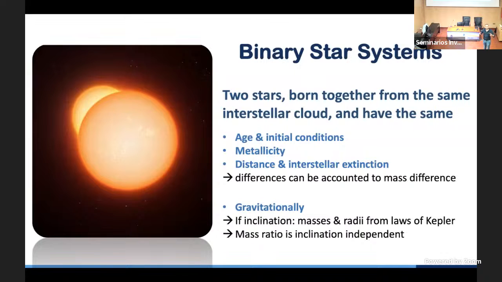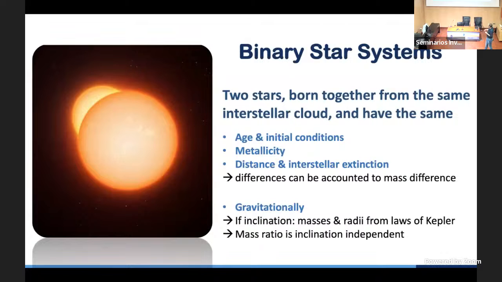They're from the same cloud, same age, same distance, and same metallicity, and in particular important, same initial helium, which is one of the three parameters for any model that we cannot constrain by measurement. Now, we have those two stars, and the main difference is the mass. And the mass is the single most important factor that is governing the speed of stellar evolution.